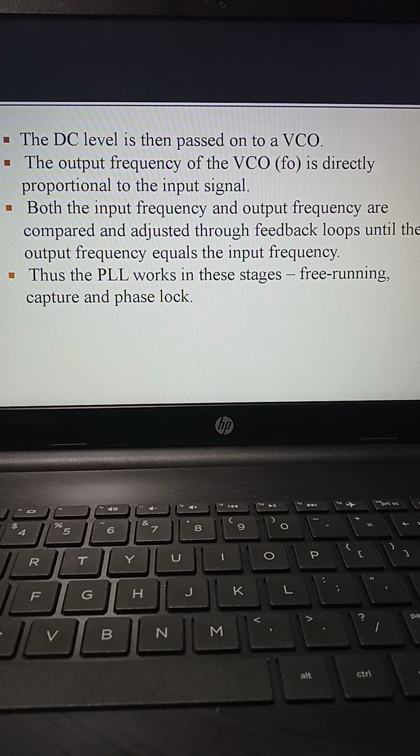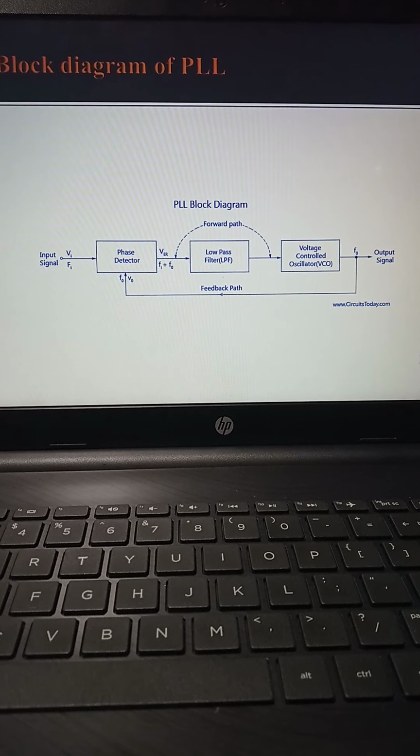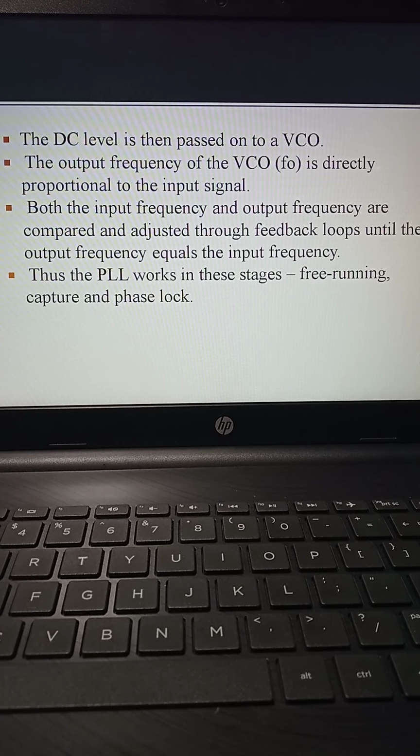The DC level is then passed on to a VCO. The last block in the diagram is nothing but the voltage control oscillator. The output frequency of the voltage control oscillator F0 is directly proportional to the input signal.